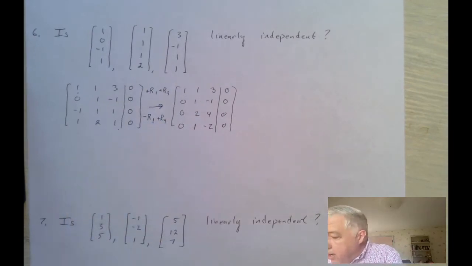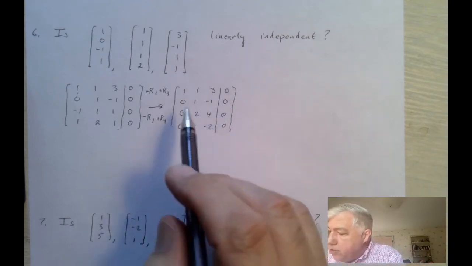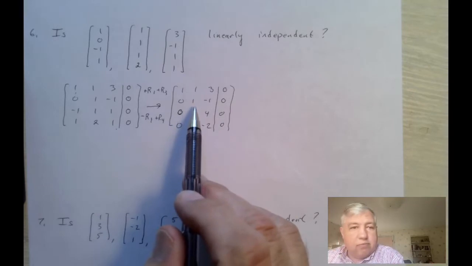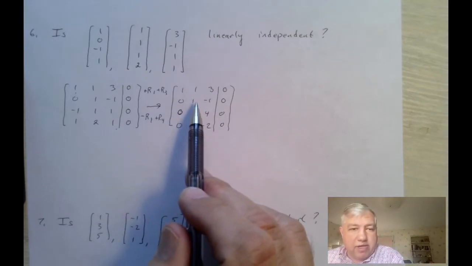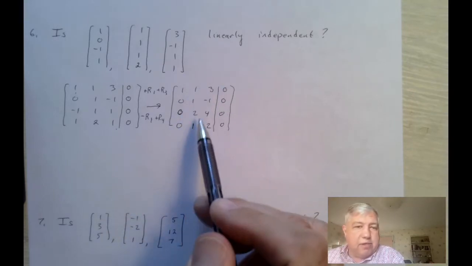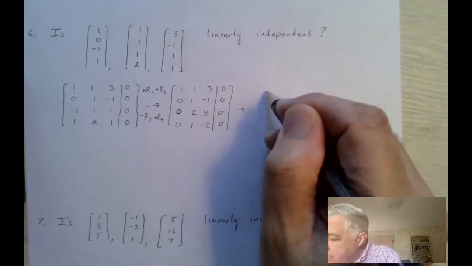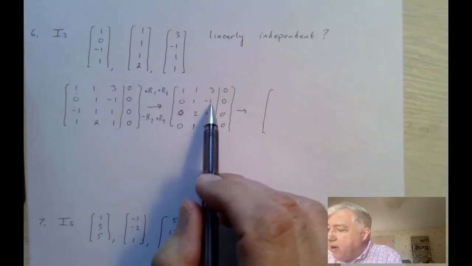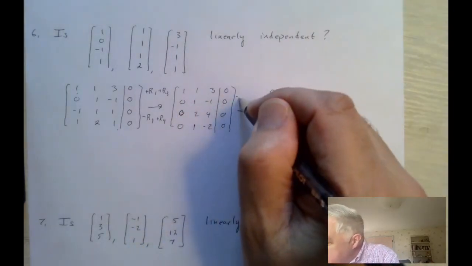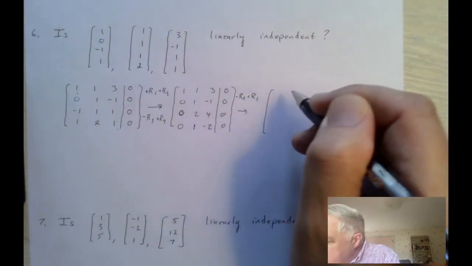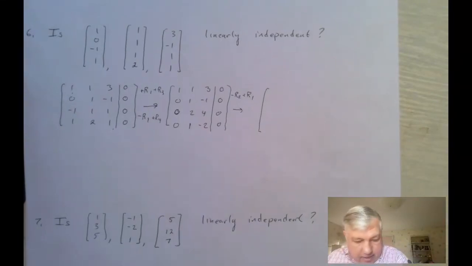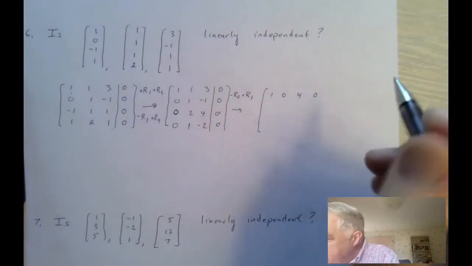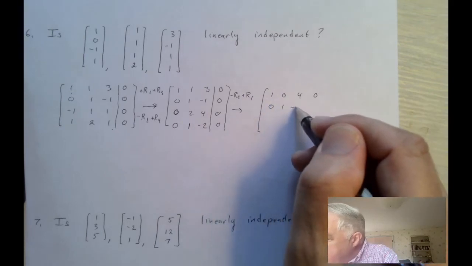So we've taken care of the first column. We go to the second column, where we want the 1, which is already here, so we want this and this and this to be 0. We'll multiply this row by negative 1 and add it to the first row. When we do that, we get 1, 0, 4, 0. So we have 0, 1, negative 1, 0.